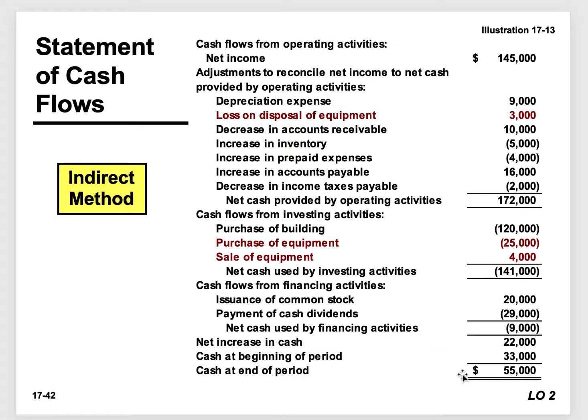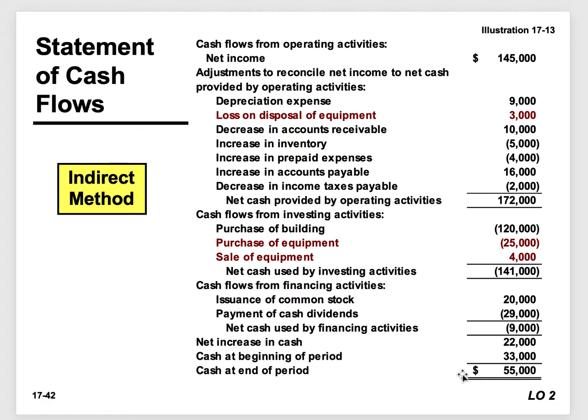Well, remember, we said that whenever we do the operating activity section, we have to add back any losses or add back any gains. Wait, scratch that. We need to add back losses and subtract any gains. What are these losses and gains on? Well, they're from disposal of assets.